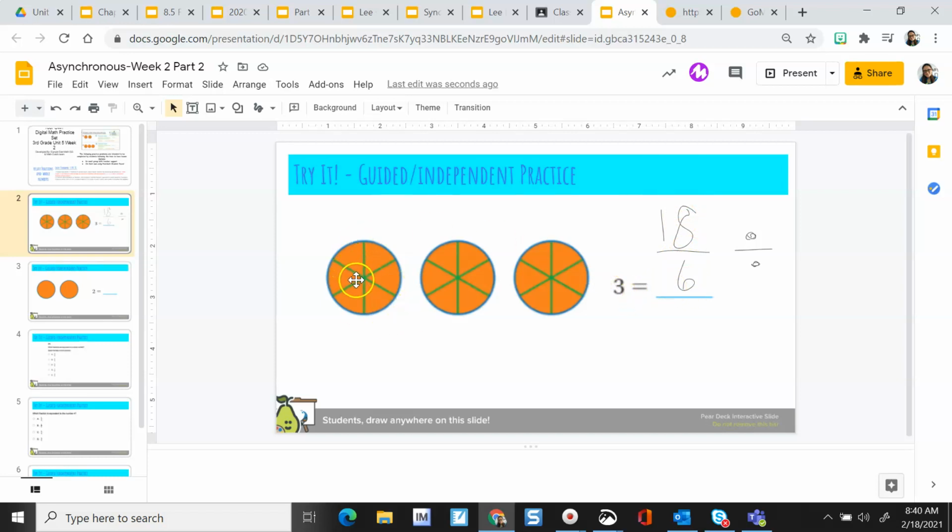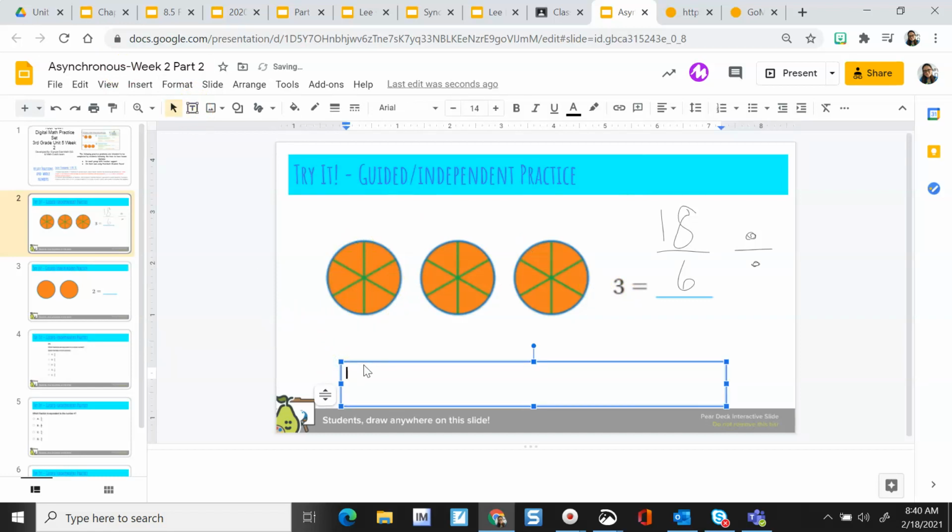And in this case, remember the first thing, and I'll type it right here. The denominator is the number of pieces in one whole. The numerator is the total number of pieces we are counting.